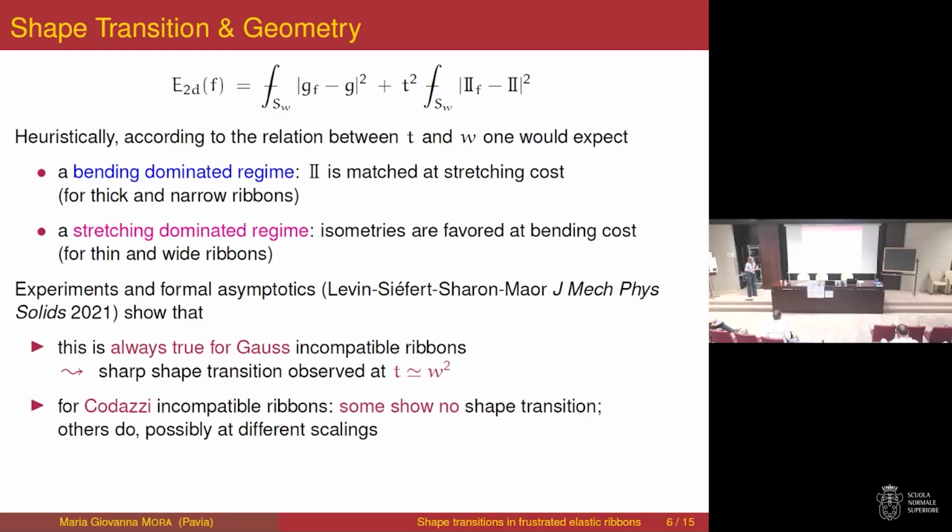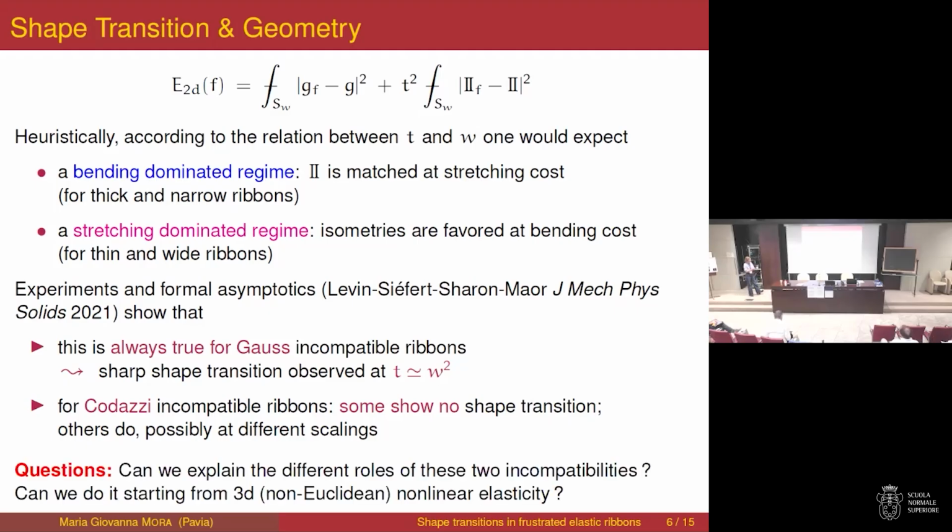While when the incompatibility is at the level of the Codazzi equation, the situation is much more complicated, in the sense that some ribbons do not show a shape transition, others do, but at a scaling that is different from the Gauss incompatible case, and it may also be different from geometry to geometry within the Codazzi incompatible case.